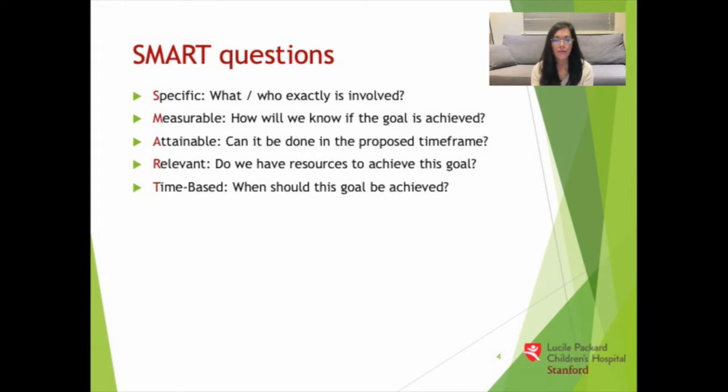It is supposed to be measurable, meaning a time or specific number of charts, for instance, or patients that they will use as the measurable goal. It is attainable within a certain time period. It's relevant. Hopefully all of it is relevant because we are precepting in the workforce right now. And time-based, and how will this goal be achieved?